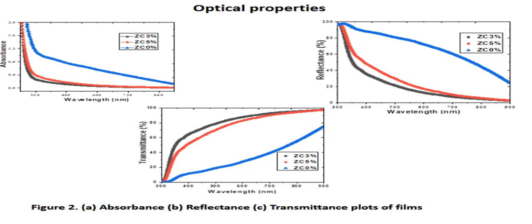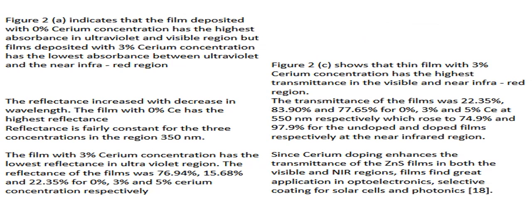And of course, the undoped one has a lower transmittance. And we can see from the three graphs that the 3% cerium doped film has a better quality compared to the other ones.